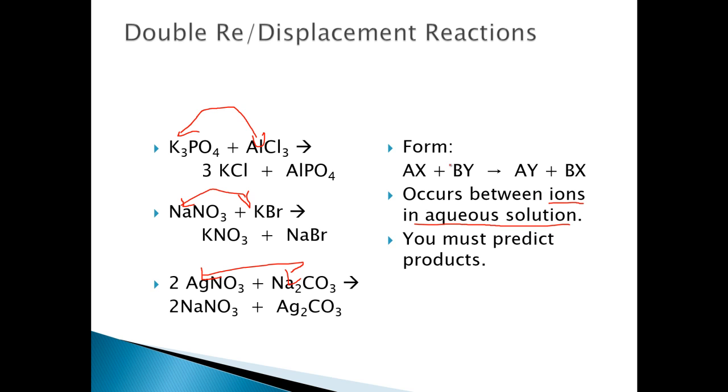What does that mean? What it means is if I have a beaker and we've got some water there, and let's take this first reaction. I'm going to take some potassium phosphate and put it in the water. Because it's ionic, it's going to break up into potassium and phosphate.